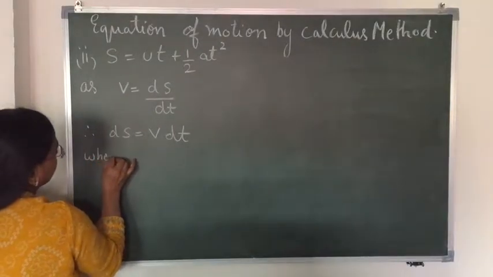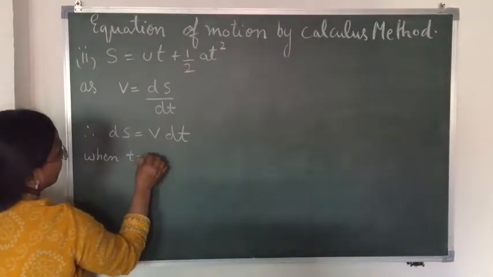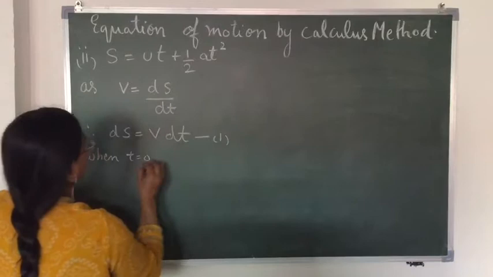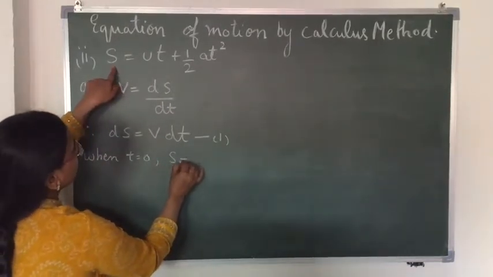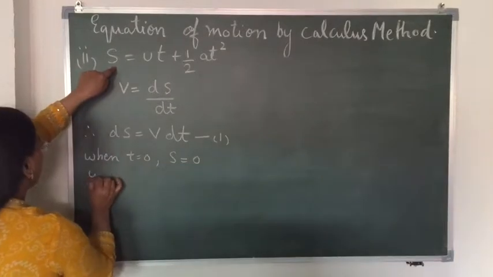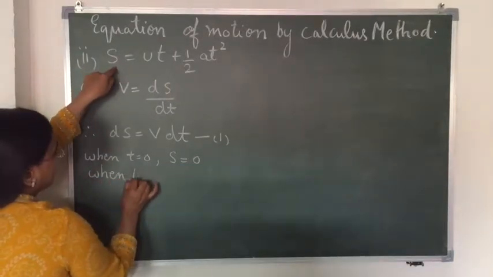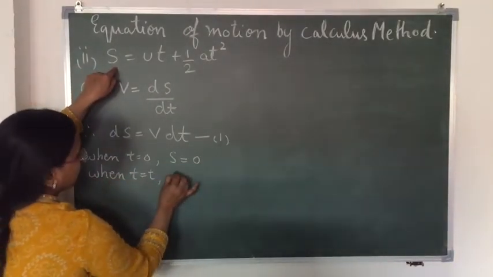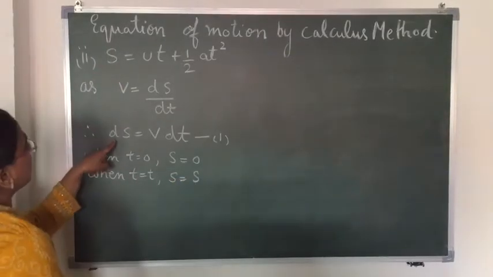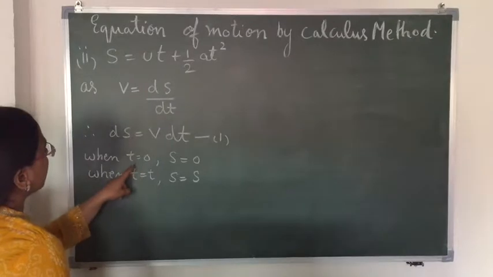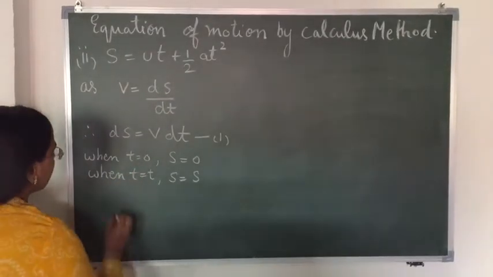When t = 0, s = 0. When t = t, s = s. Now integrate this equation within the given limits of time and distance.